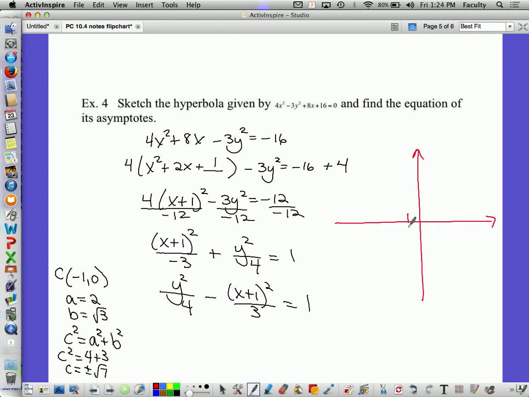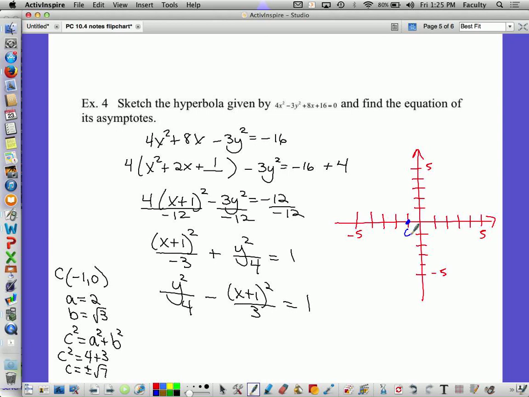Alrighty, so let's make a grid and start doing the work. So my center is at negative 1, 0.